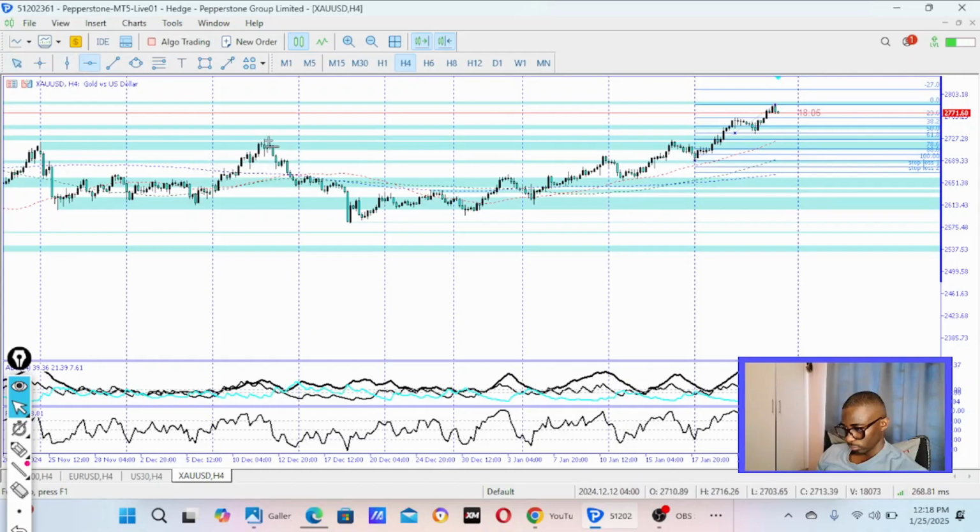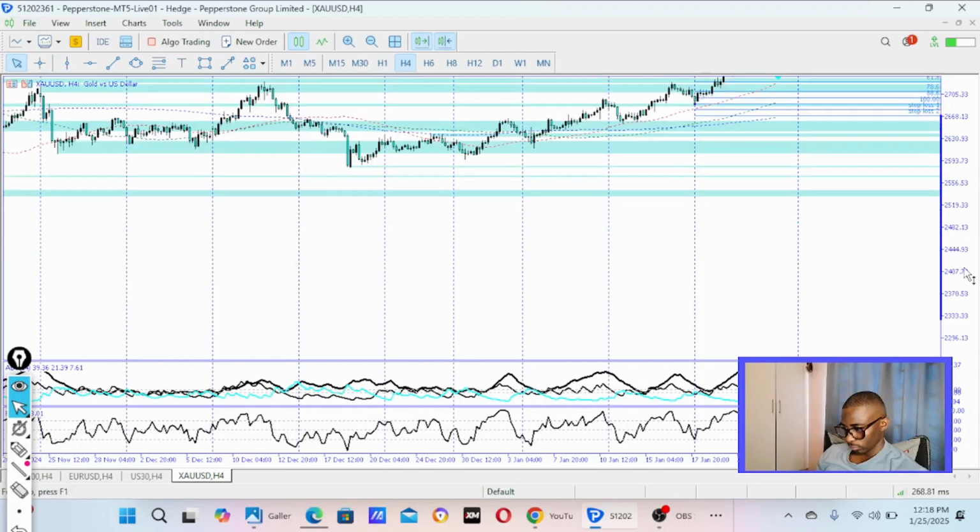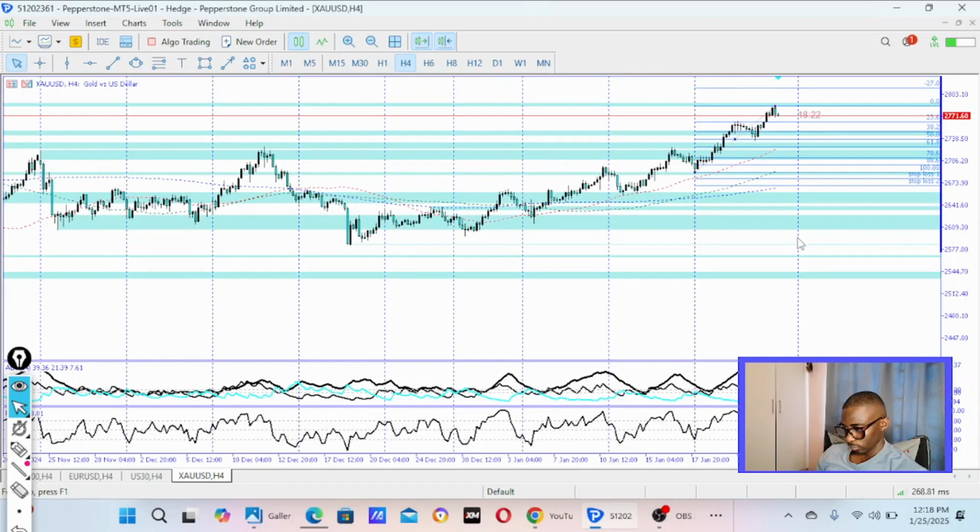Remember, this is the neckline on the weekly. So this is what I would love to see the pair gold do, coming down to this area right here.